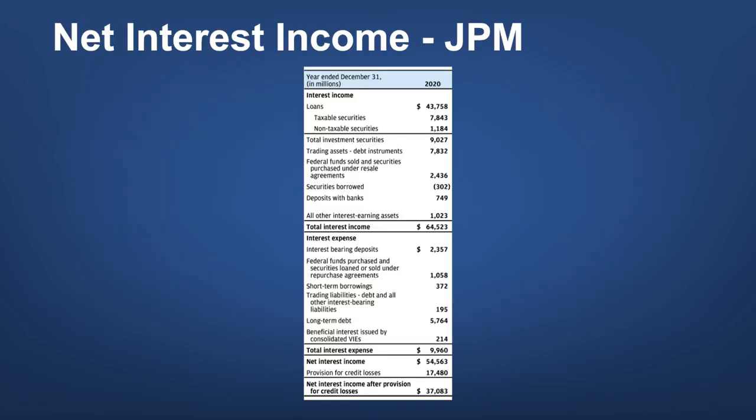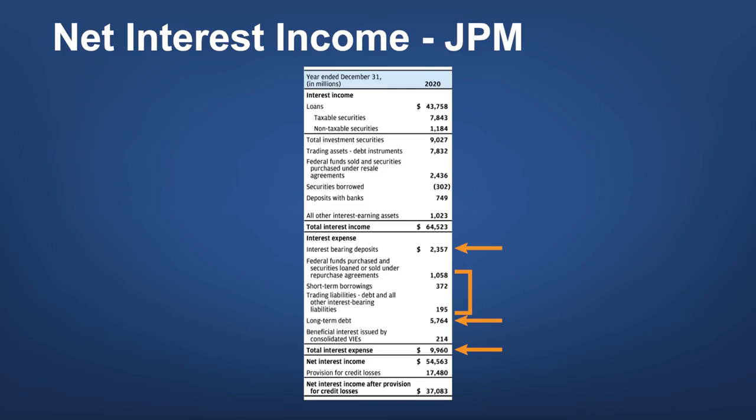Here is the interest income and interest expense for JP Morgan. We have interest income from the loan portfolio, from investment securities held in the banking book and trading portfolio, and interest on loans made to other financial institutions. Add that all up, and we arrive at the total interest income for the bank, which was about $65 billion in 2020. Interest expense is paid on deposits.